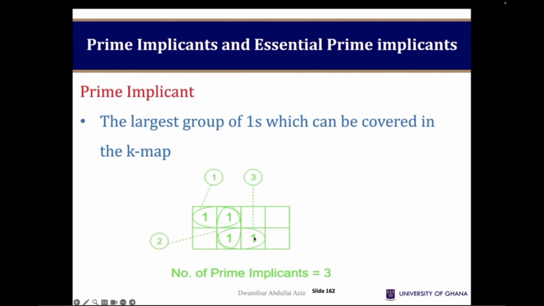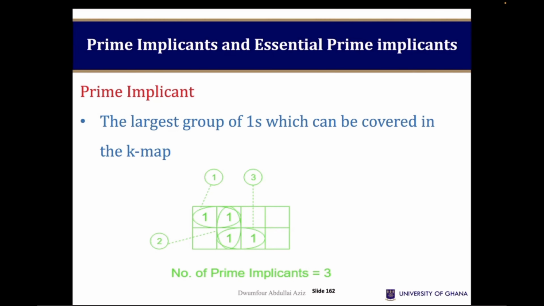Even though we have 3 sets of groups, each of them represents a prime implicant. Each of them represents a possible group of ones. So we have 3 different sets: we have 1, we have 2, and we have 3.